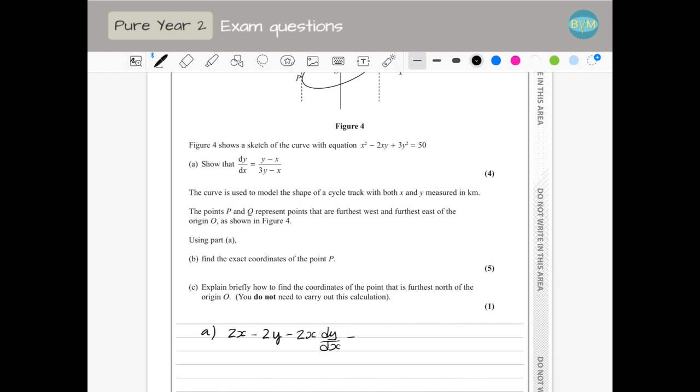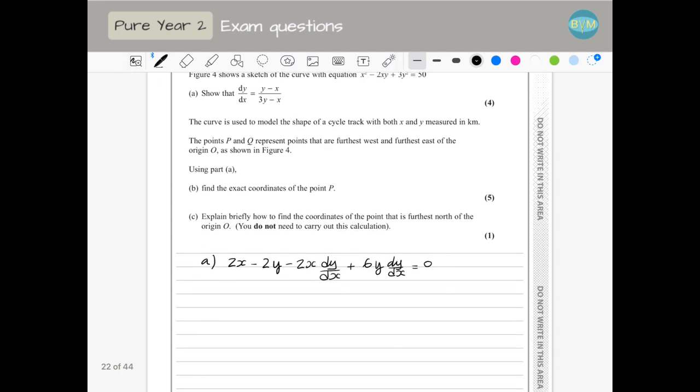And then 3y squared is going to be 3 times 2, 6, y to the power of 1, dy by dx. So plus 6y, and I need to add the dy by dx. And the derivative of 50 is 0.